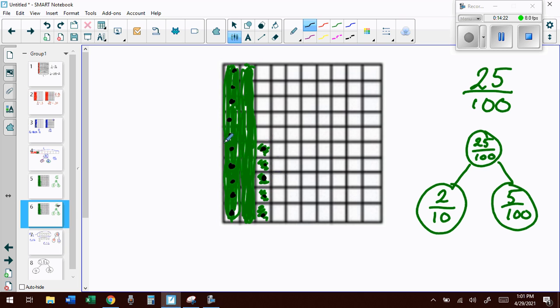So another way of putting this is that using our benchmark fractions, I have 2 full tens and 1/2 tenths, because 5 is 1/2 of 10. This is another way to put it.